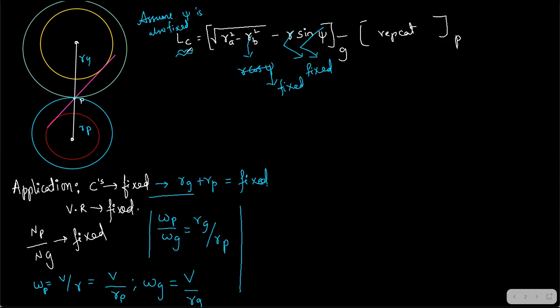So now, what else is there? I have RA, the addendum radius. Addendum radius means pitch circle plus addendum. See, this is the addendum radius of gear, right? Here the point of contact starts.